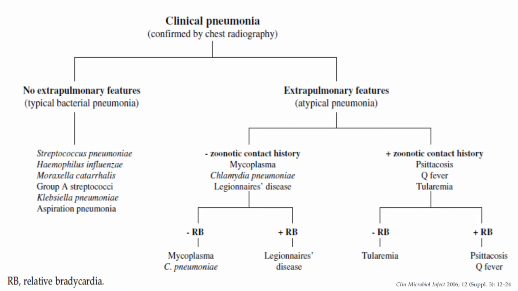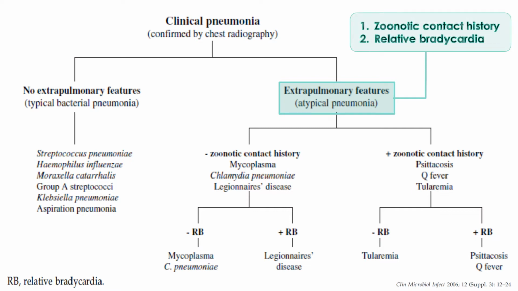The patient may also have bacteremia, if severe enough, such as Streptococcus pneumoniae causing bacteremic pneumonia. But for atypical pneumonia, mostly they have extrapulmonary features. You should look for two keys to determine the causative pathogen. The first is zoonotic contact history, and for the vital signs, whether the patient has relative bradycardia or not.